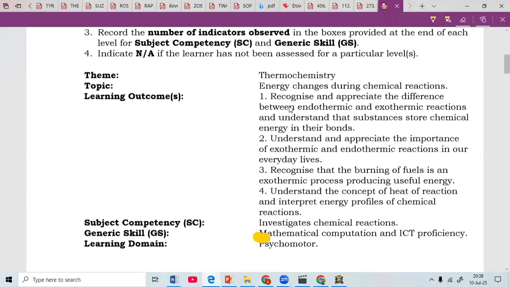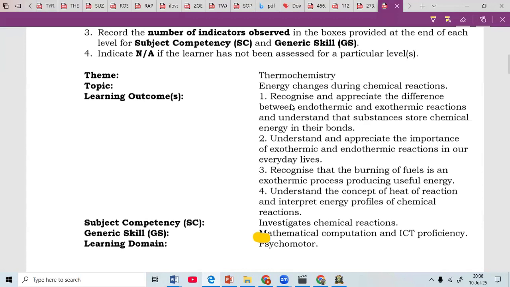Ask, what do the questions want? That this child should be able to recognize and appreciate what we call endothermic and exothermic reactions and understand how substances are stored, chemical. So you look at the learning outcomes. Then after looking at the learning outcome, they should guide you on which task you should set, which scenario needs to suit.